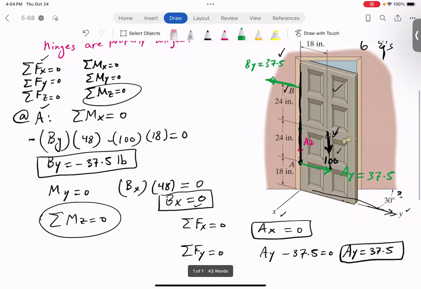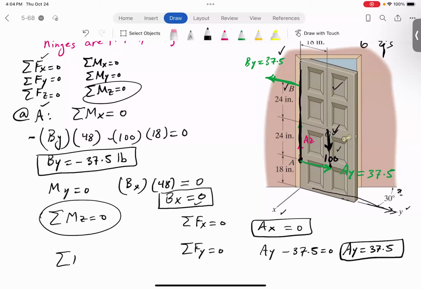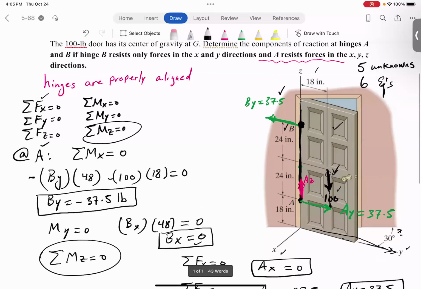And then finally, in the Z direction, guys, we have what? Sum of the forces in Z equals 0. So what do we have? A sub Z minus 100 equals 0. So A sub Z equals 100. So basically what this problem is trying to tell you is that not much load in the Z direction is created at hinge B. That's why we neglected that in the statement of the problem.